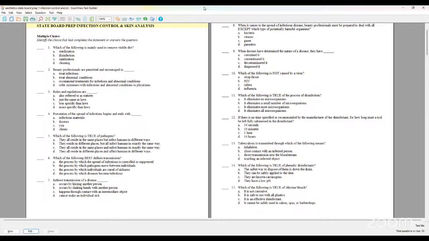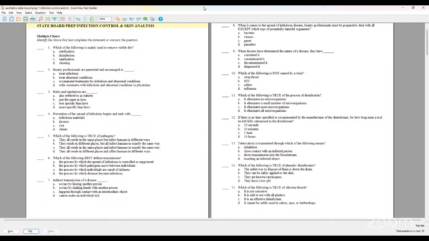B, they reside in different places but all affect humans in exactly the same way. C, they all reside in the same places and infect humans in exactly the same way. Or D, they all reside in different places and affect humans in different ways.